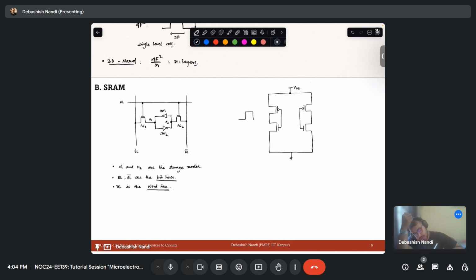Now a pass transistor is connected to this and to this. Another pass transistor is connected to this, and this.